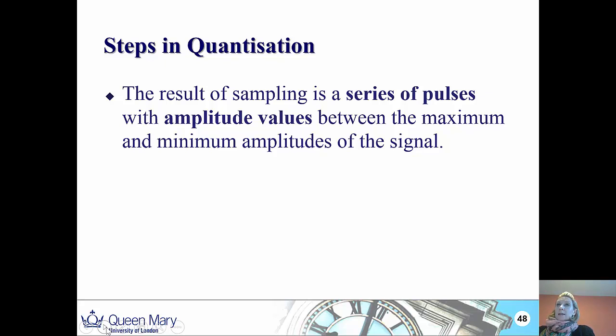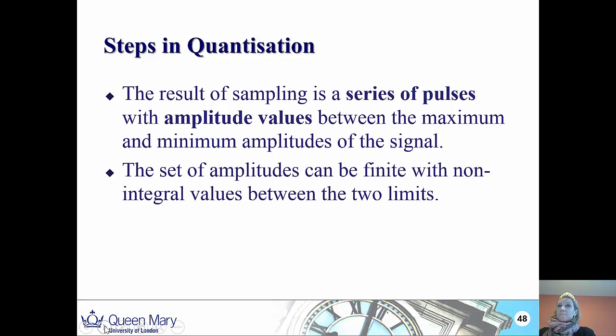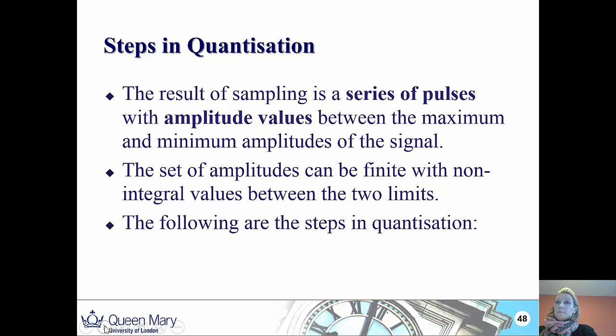The result of sampling is a series of pulses with amplitude values between the maximum and minimum amplitudes of the signal. The set of amplitudes can be finite, with non-integral values between the two limits. So we'll have a number of values within these two limits.